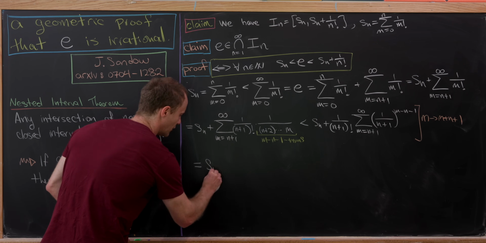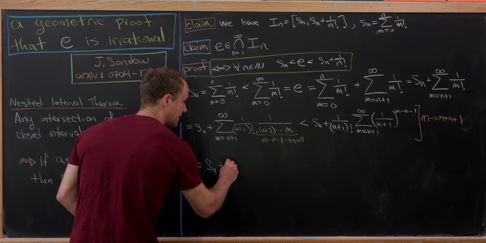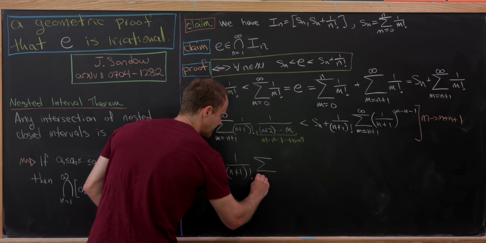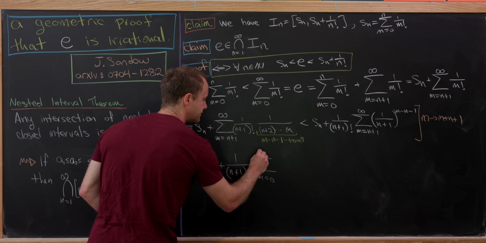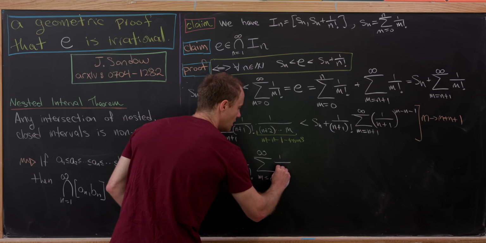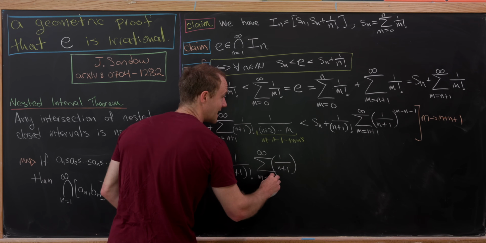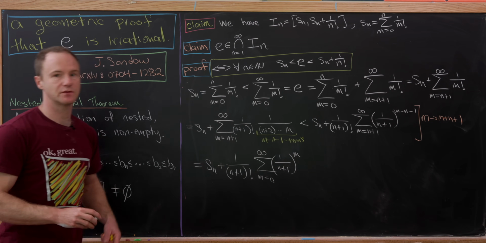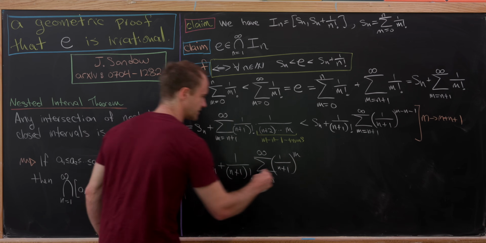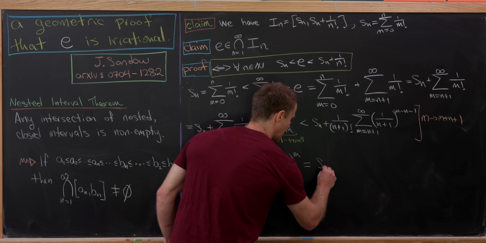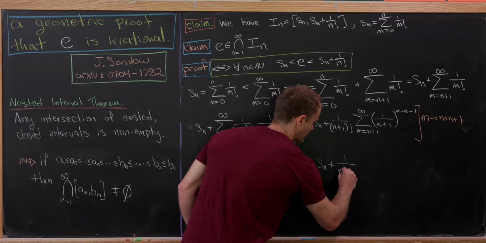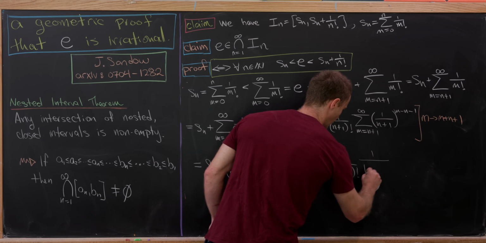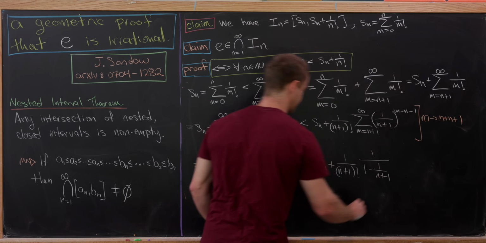So let's see. Now we'll just bring some stuff down. We have s sub n plus 1 over n plus 1 factorial, and now that'll be the sum as m goes from 0 up to infinity of 1 over n plus 1 raised to the mth power. But that's a geometric series, and we know the sum rule for a geometric series. Using that, we have s sub n plus another 1 over n plus 1 factorial, and then 1 over 1 minus 1 over n plus 1.